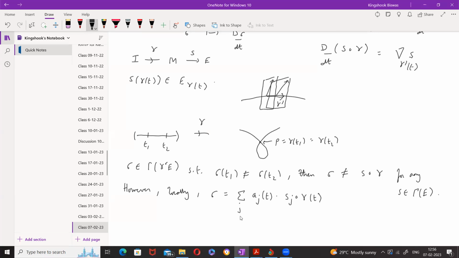This we can do. We can write it as a linear combination of functions on the interval times restrictions of sections to gamma. Okay, but we cannot write it as one section restricted to gamma. That we cannot do. That's all I'm trying to say. Do you understand? Yes?